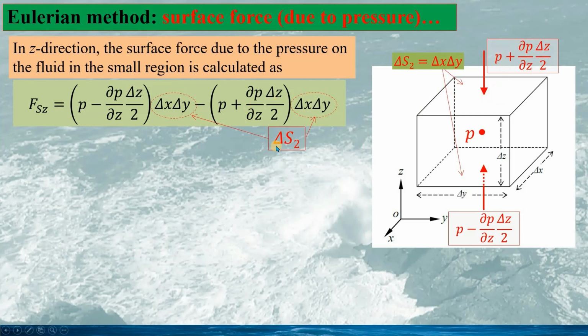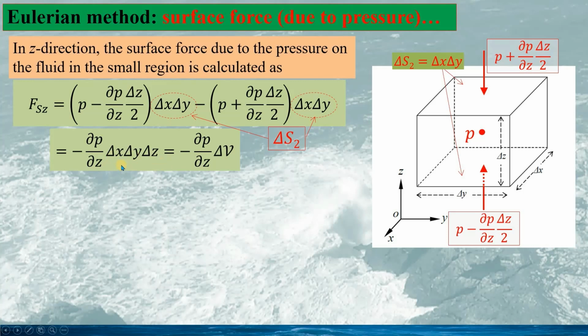The minus here means the force due to the pressure on the top surface would be in the opposite direction with the z-axis, while the force due to the pressure on the bottom surface would be in the same direction with the z-axis. So the force would be calculated as this and this.